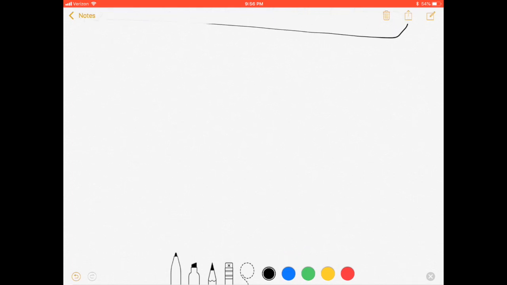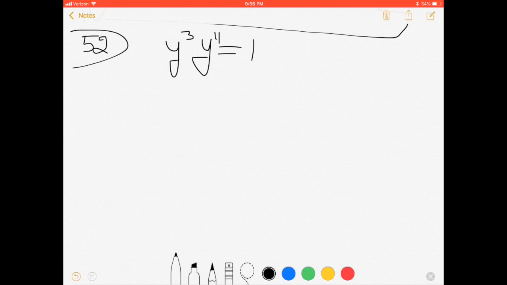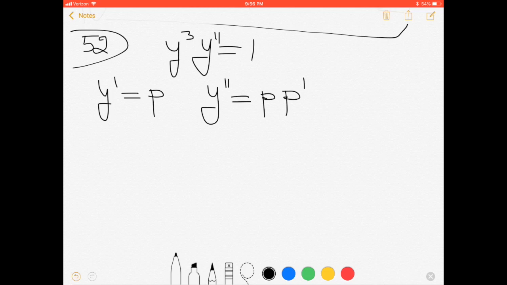And the last question I want to show you today is 52. Here you have y cubed times y second derivative equal 1. Here is an equation without the independent variable, x is missing here. This means the first derivative will be p, the second derivative will be p prime. Plug in here and see what happens. y cubed p prime equal 1.